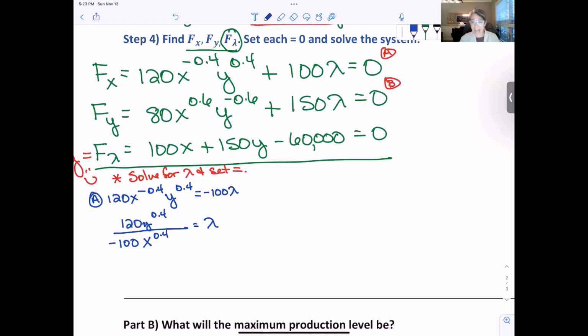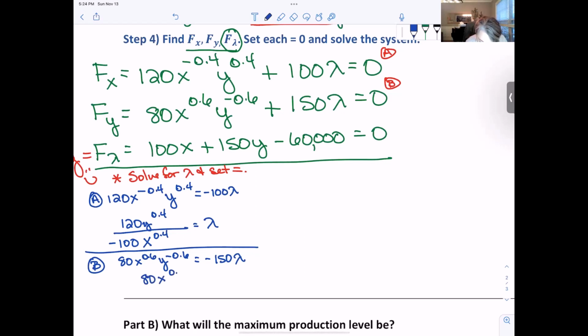We can do that exact same thing for B. So for B, we have 80x to the 0.6, y to the negative 0.6 equals a negative 150 lambda. Let's get rid of that negative exponent on the left. So that would give us 80x to the positive 0.6 divided by y to the positive 0.6, moved to the bottom.